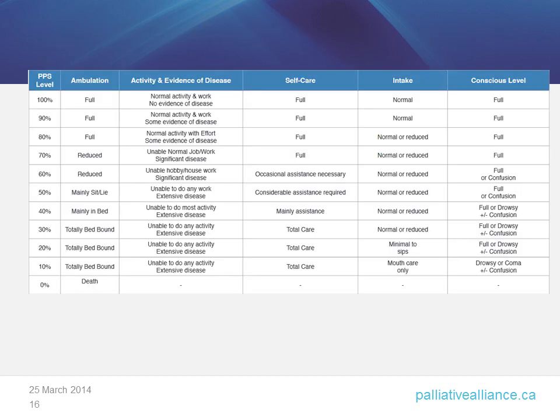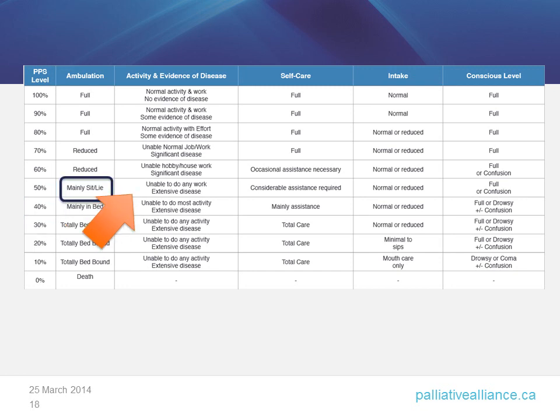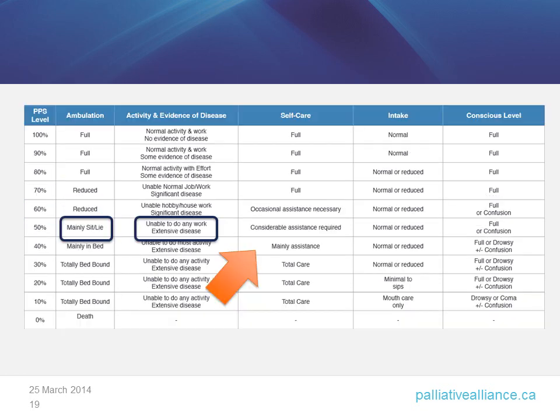That's Carolyn. Carolyn mainly sits or lies. If you were going to do Carolyn's PPS, she was mainly sitting or lying, and you would do a circle around it and then go to the next. And she's unable to do any work. She has extensive disease.